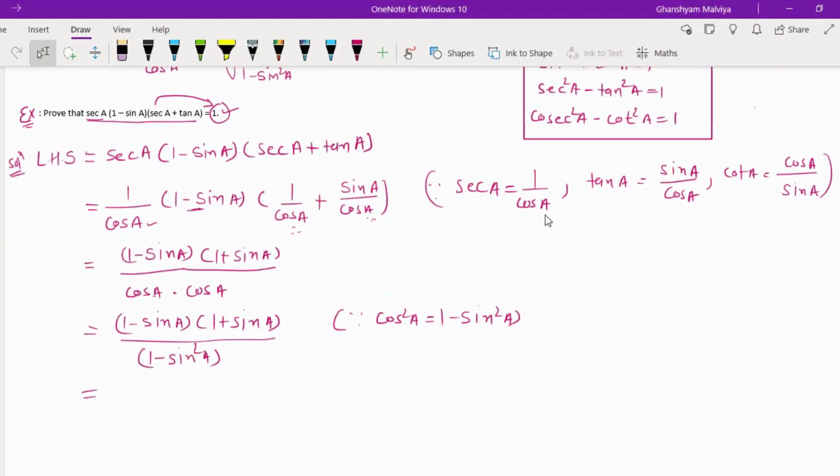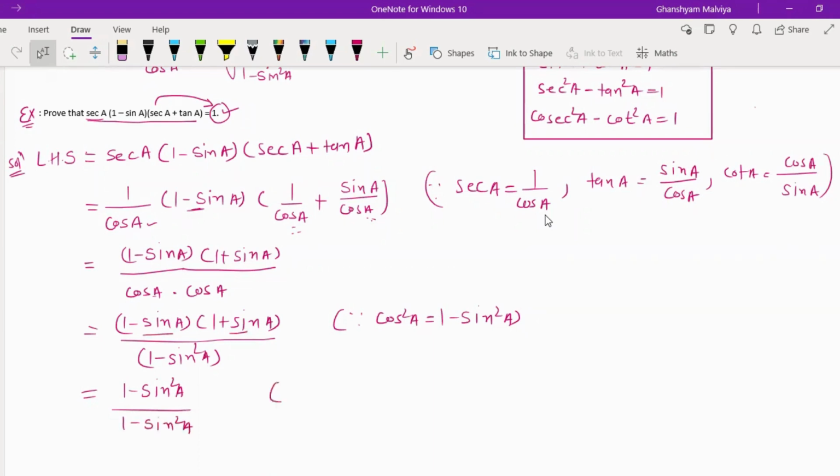And on the denominator, you have written this. Now you can see 1 minus sin A into 1 plus sin A. If you multiply these two terms, you will get 1 minus sin square A.